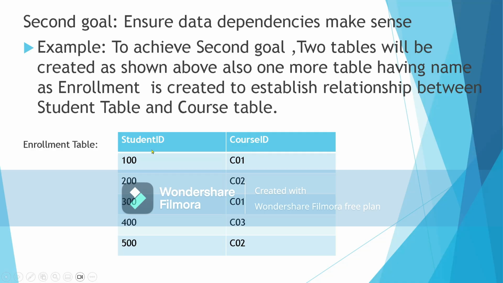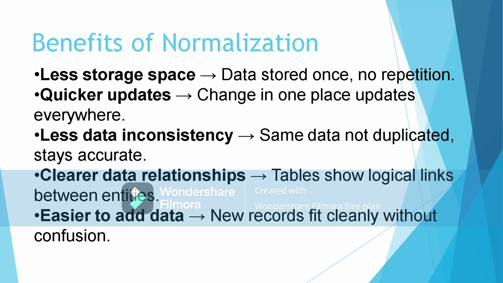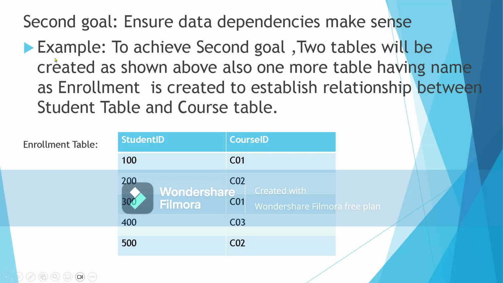By using student ID, I can access all the details of student, and by using course ID, I can access all the details of course. So in this way, the second goal is achieved.